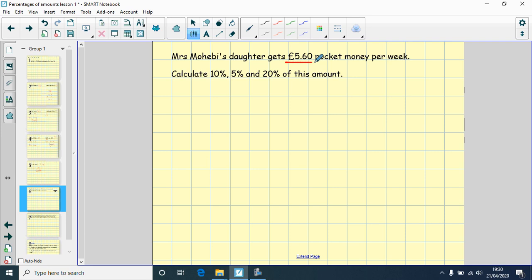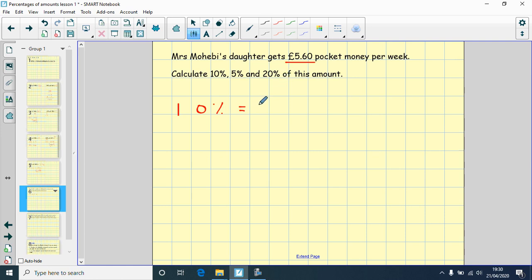Right, so that's how much she gets, £5.60. So let's start with 10% then. So 10% of £5.60 is, I need to divide it by 10. So to divide it by 10, move the digits one space to the right.